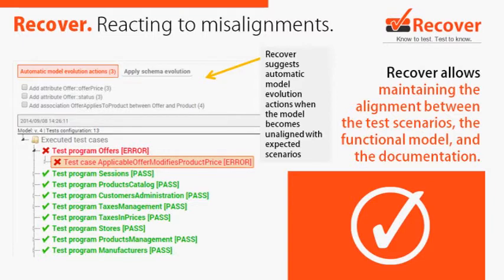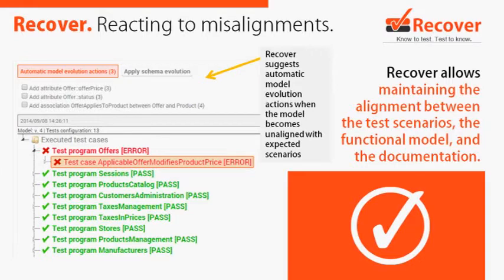But for example, here we have added another test case, a new test case for new functionality that deals, for example, with offers. And then Recover says, okay, you know about sessions, you know about stores, you know about manufacturers, but take into account that I am not able to execute the test case offers because in the knowledge model, there is not defined what is an offer and how an offer behaves.